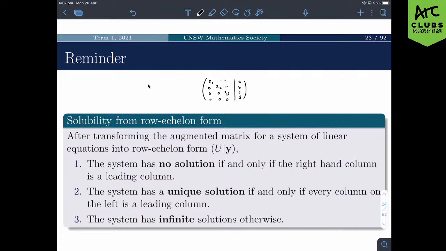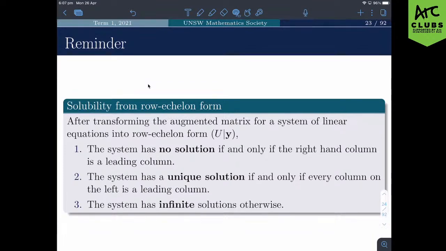Second point, the system has a unique solution if and only if every column on the left is a leading column. So most of the time, you'll see this as maybe a perfect diagonal of leading entries, with stuff above and numbers below.